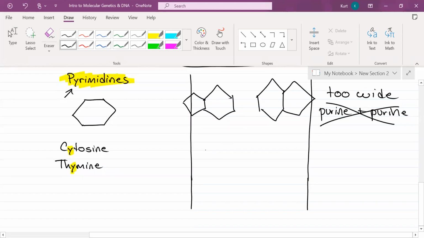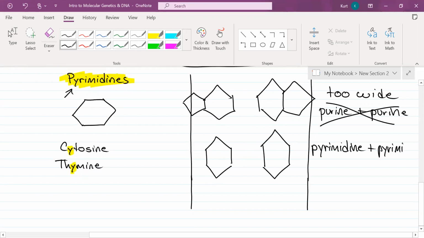So what about a pyrimidine and a pyrimidine? It's too narrow.